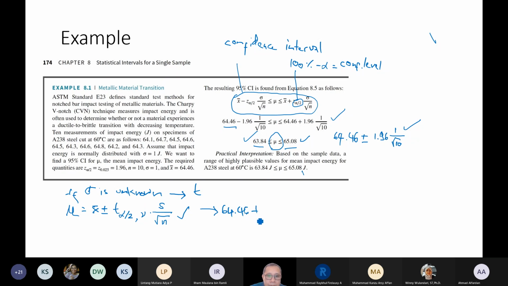Then plus minus, you have to look up the value of t, and then you have to calculate s, the sample standard deviation, divided by square root of 10. So calculate these two numbers and then finish this calculation to determine the confidence interval of mu for the case of small sample. Go ahead. I will give you 10 minutes. We will reconvene at 9.